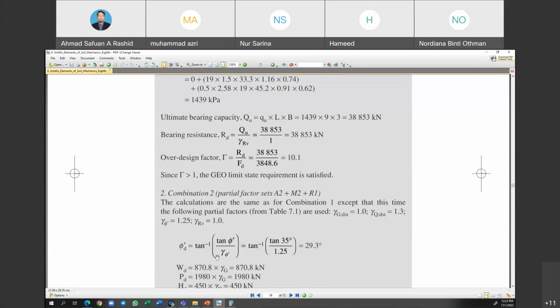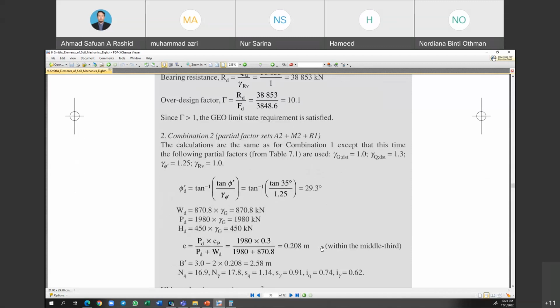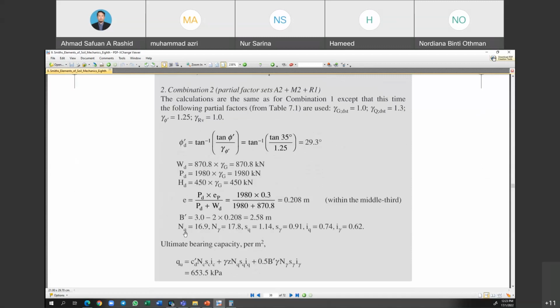But by using this approach, we get 29.3. So it is a very huge difference, 1.3 different. So what happens if we use it to determine the NQ, NC, and N gamma? We will have different values of NC, NQ and N gamma later on.